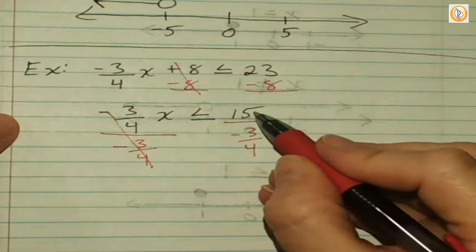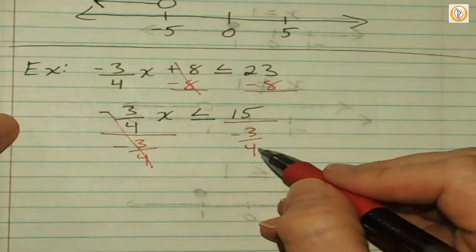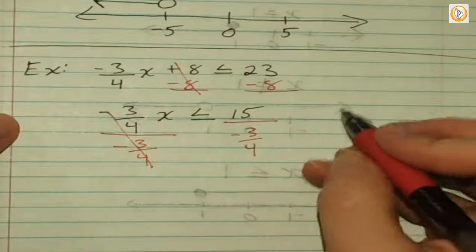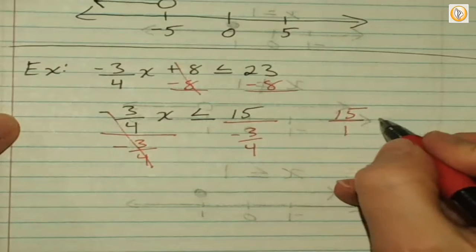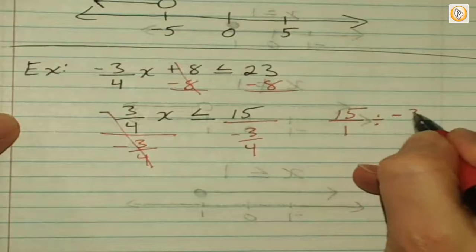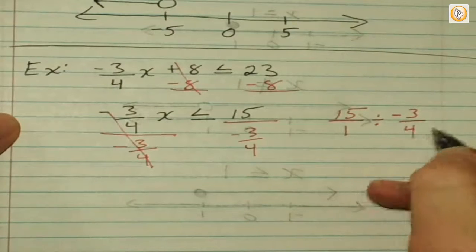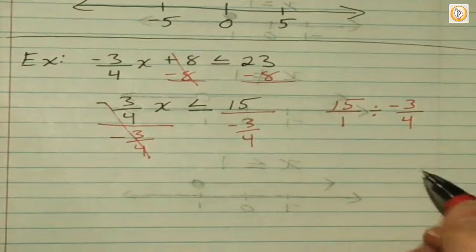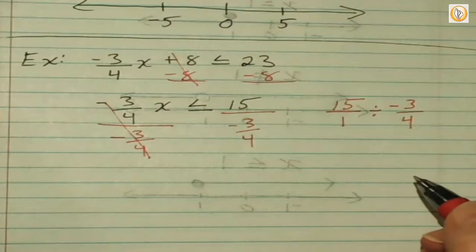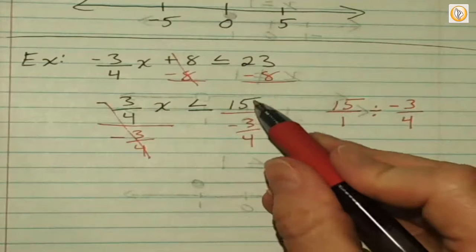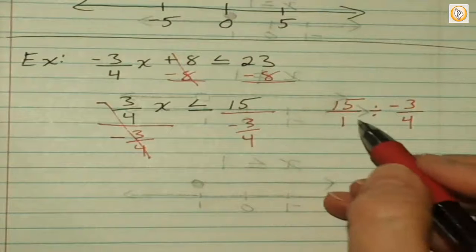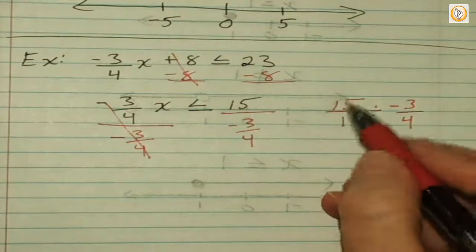This is saying 15 is divided by -3/4. You have to write the 15 first. If you write -3/4 divided by 15, you will get a wrong answer. It's 15 that's being divided by -3/4, so this has to go first.